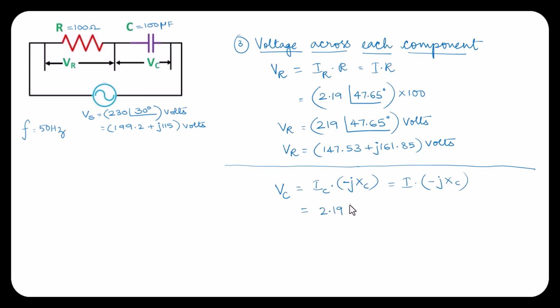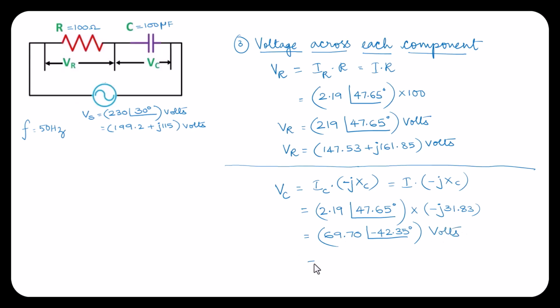I is given by 2.19 at an angle of 47.65 degrees, into minus J, the XC value which we calculated was 31.83. If I do the multiplication, I will get the value as 69.70 at an angle of minus 42.35 degrees, and this is in polar form, volts.